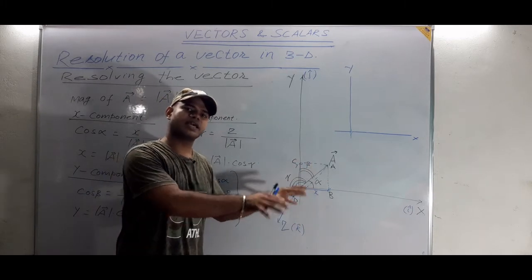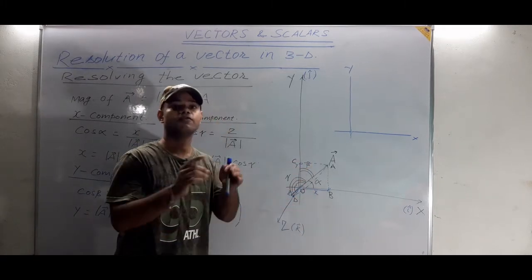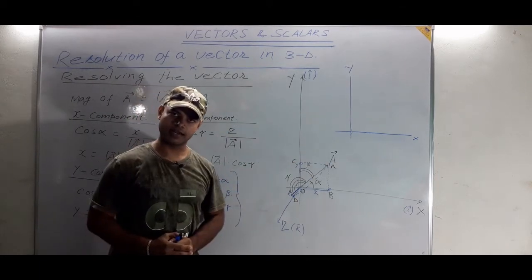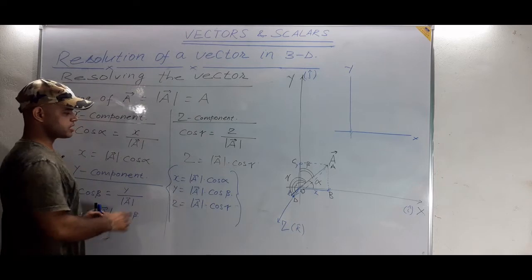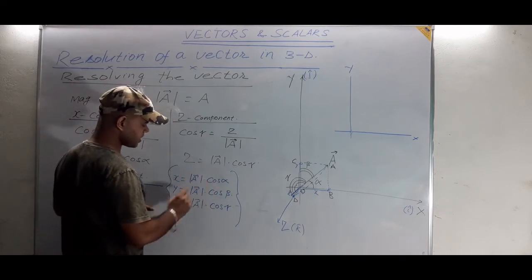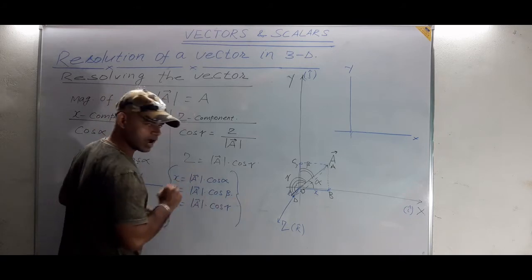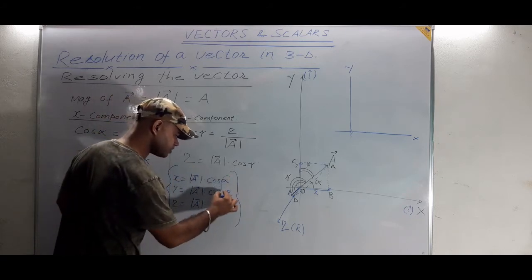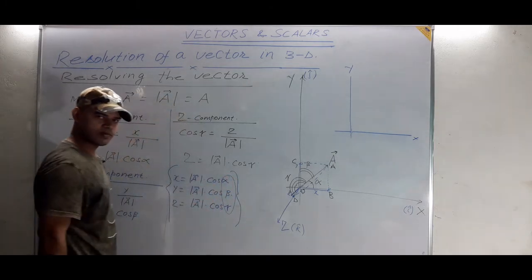It will be taken care of by the angle itself if you measure with respect to positive x, positive y and positive z. So you always have to write the x component as mod of A cos alpha, the y component as mod of A cos beta and z as mod of A cos gamma. And you have to take care that these angles are with respect to the positive x, positive y and positive z axis.